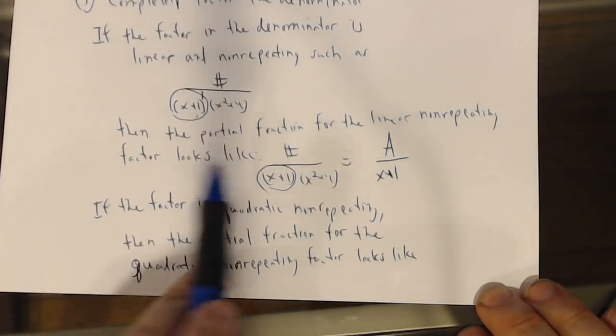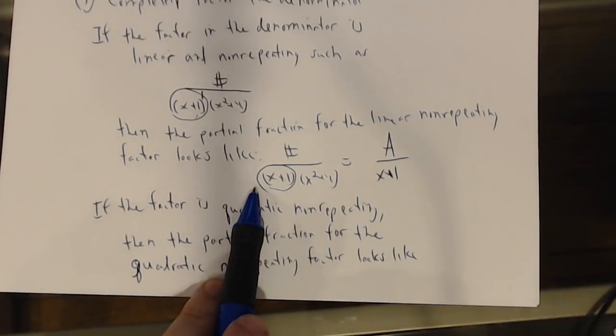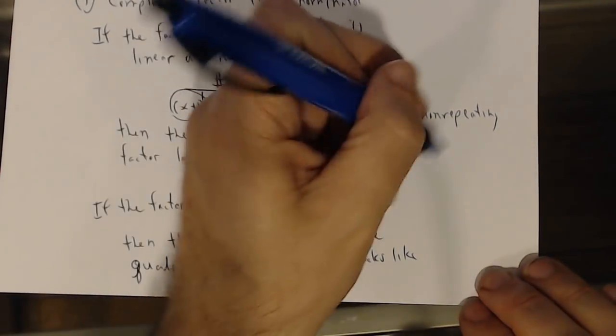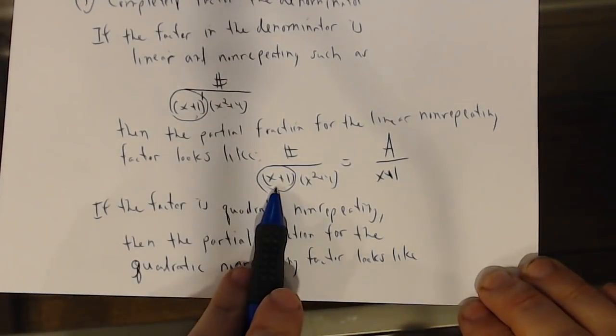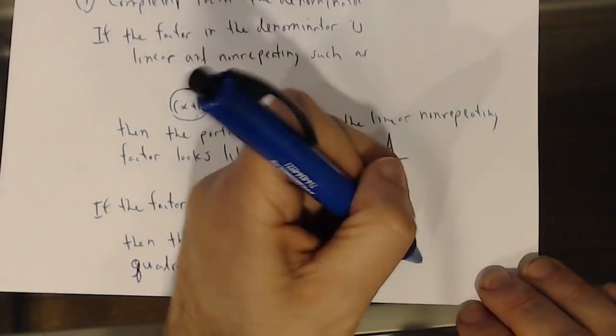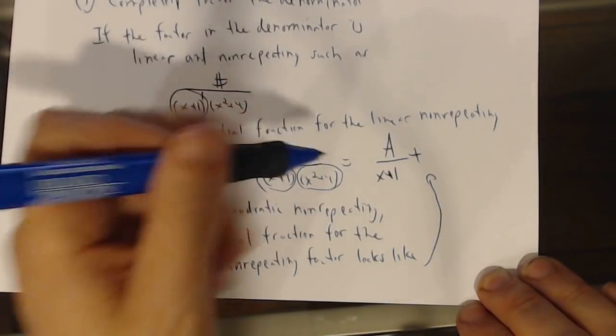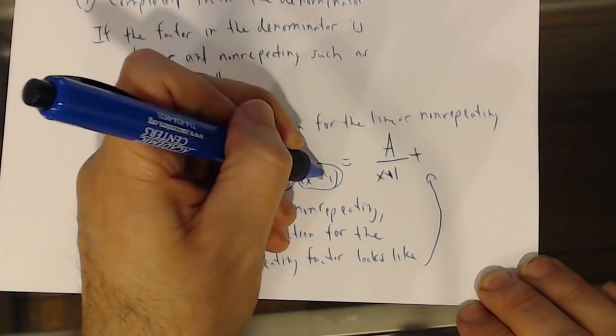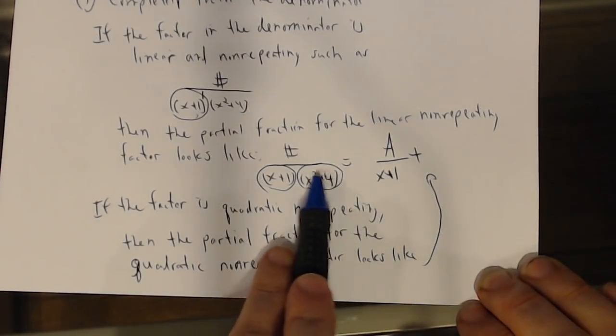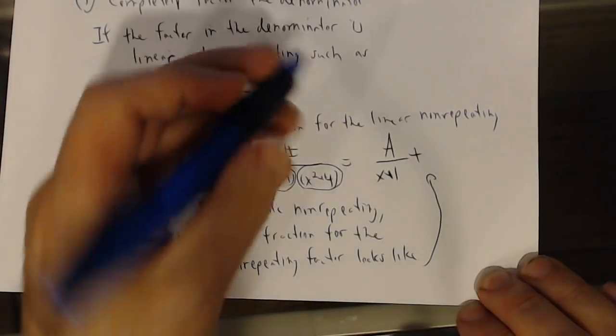So if I go back, let's say, to this one, what do we notice? This x plus 1 has been taken care of by that. So let's go up there. It'll be plus. So now I need to take care of the quadratic. Since this is quadratic, why do I know it's quadratic? Because it's x squared plus 4, right? And I can't factor this any further, right?